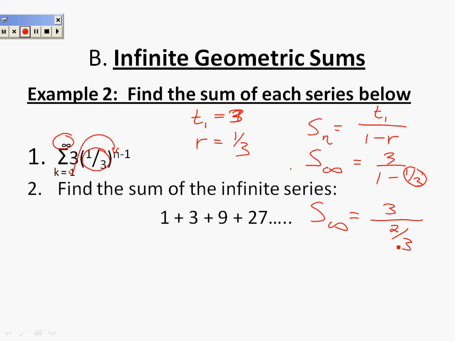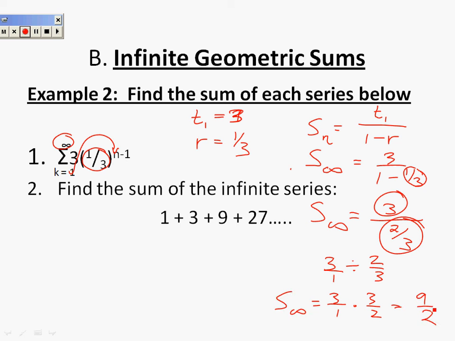Now, how the heck do we do that? Well, let's go back to semester 1 when we talked about rational expressions. This is really saying 3 divided by 2/3, right? So how do I simplify that? Keep, change, flip. And then multiply straight across. So 3 times 3 is 9 over 2. 9 halves.